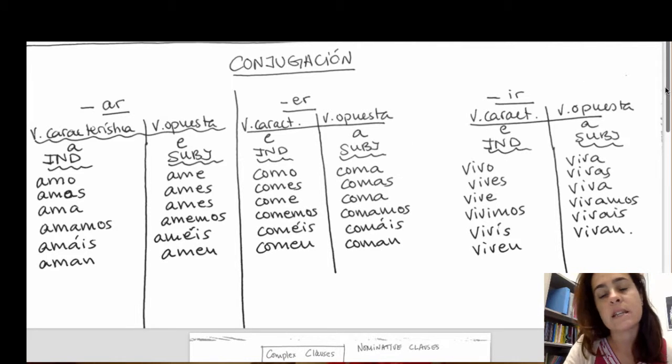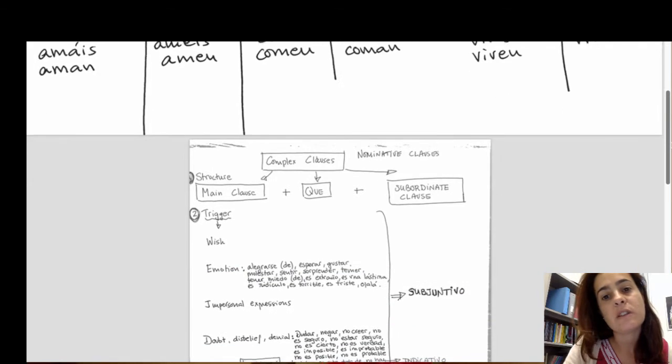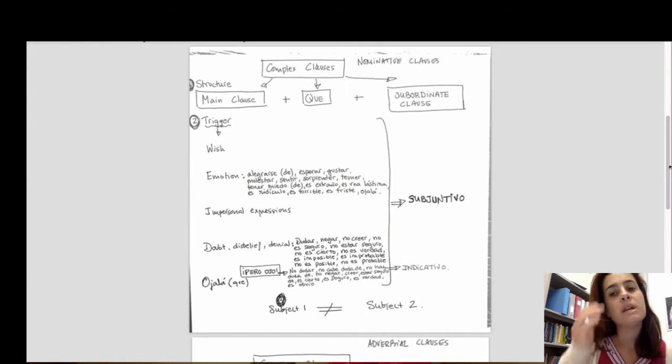So we have seen that we have used the subjunctive in several situations. One of them is what are called the nominative clauses. In the nominative clauses, we need to see three main things for the subjunctive to happen. We need to see, first thing, that we have this structure, that we have a main clause, a nexus in the middle, okay, and then a dependent or subordinate clause.